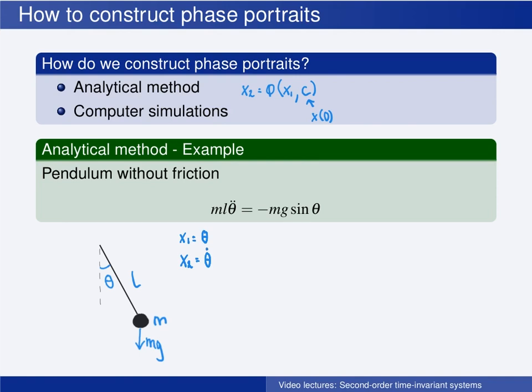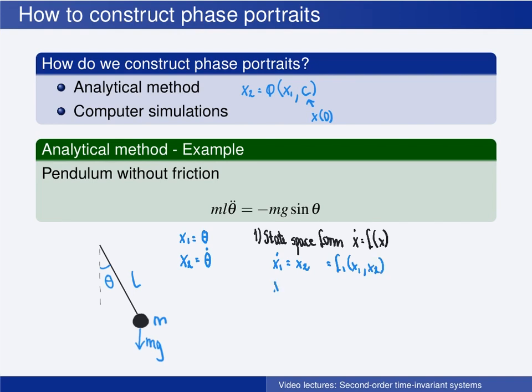The first thing we do is to write the system in state space form. The state equations are x1 dot, this is theta dot, and that is x2, which equals f1 of x1 and x2.